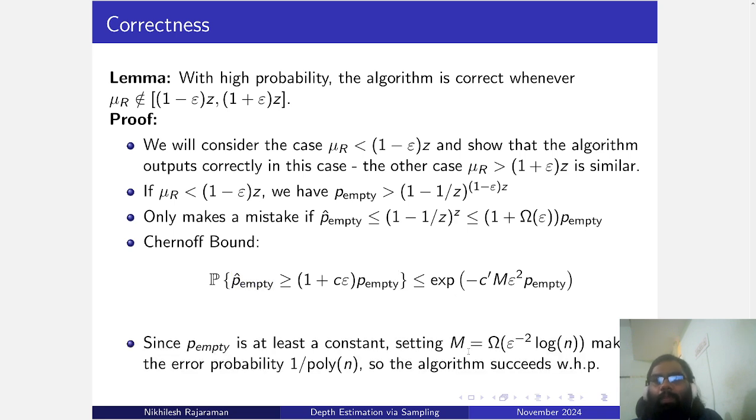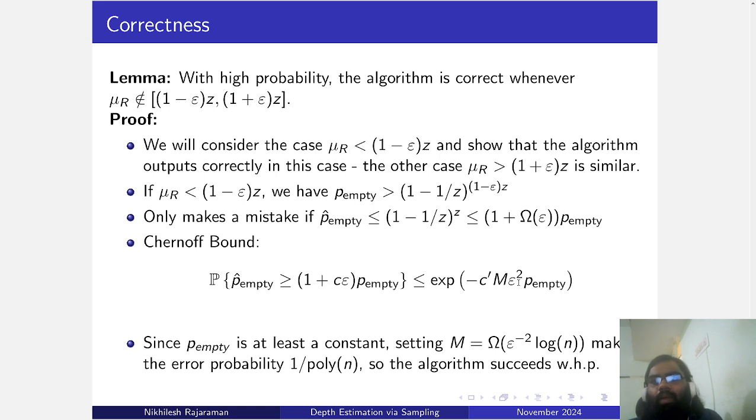Finally, if we plug in the value for m as log n by epsilon squared, so that here we have some constant times m epsilon squared, the epsilon squared cancels, and we essentially get e raised to the power of some constant times log n, which becomes 1 by n to the power of some constant.